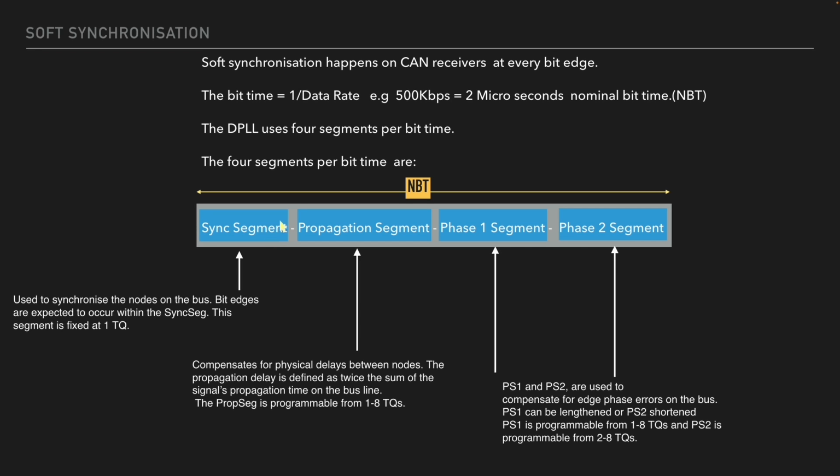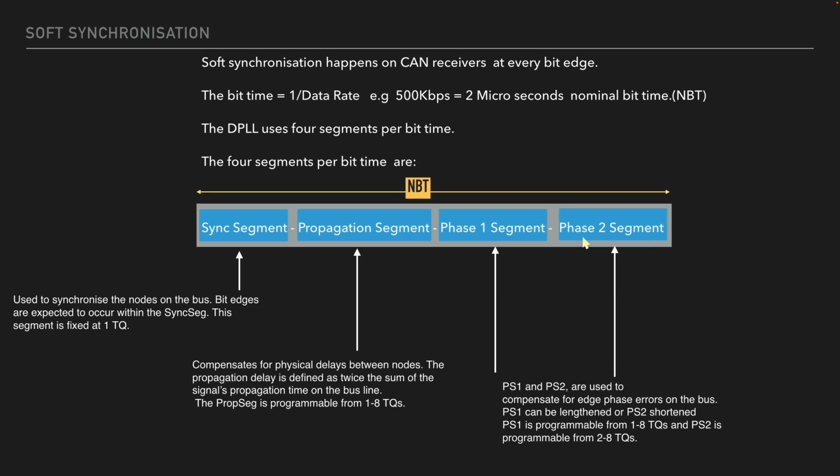We also have a segment that will deal with the propagation. So this will compensate for the physical delays between the nodes. And the propagation delay is typically defined as twice the sum of the signal's propagation time on the bus. PS1 and PS2 are there to deal with the phase errors on the edges on the bus.